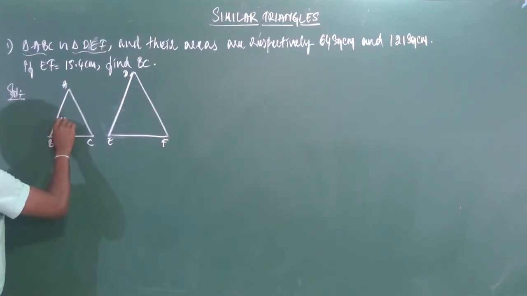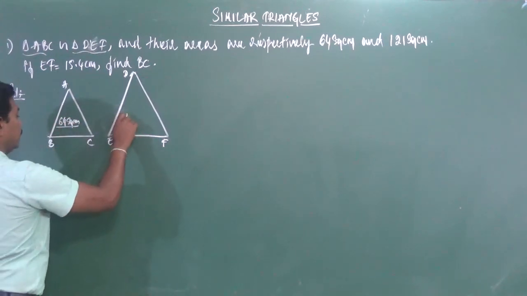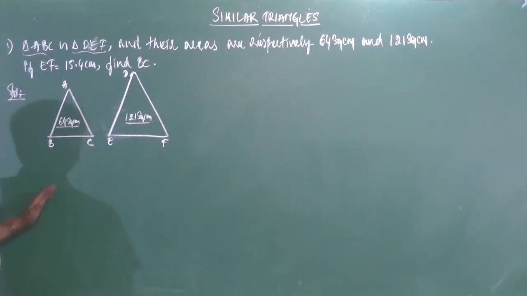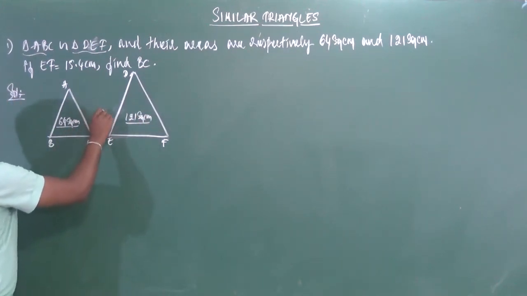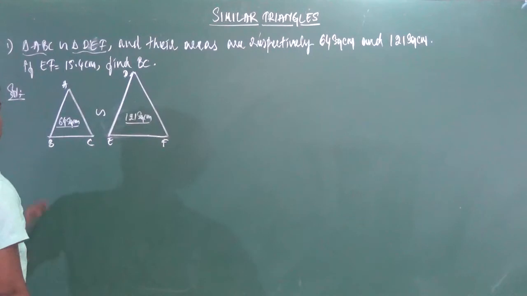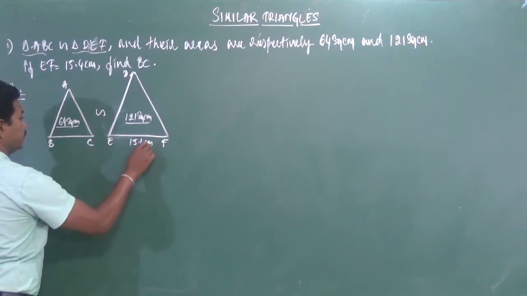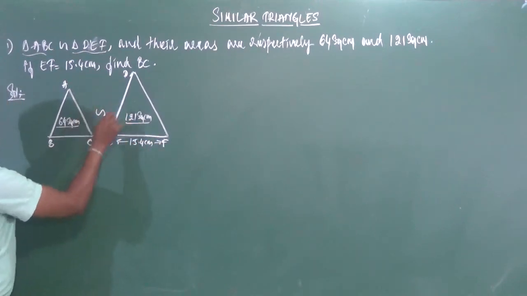The space inside triangle ABC is 64 and the area of DEF is 121 square centimeters. Both the triangles are already similar to each other, right? If EF is 15.4 centimeters, then find BC.